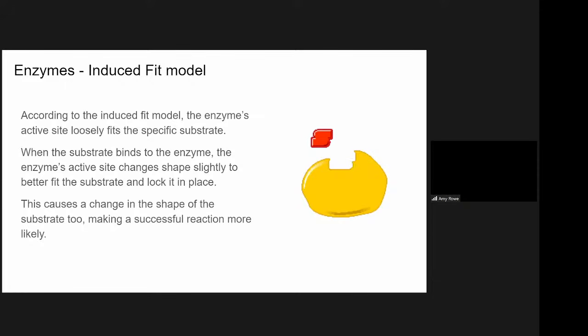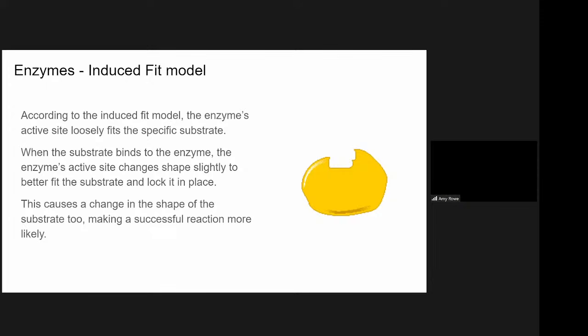Another model of the substrate and active site binding that you will have learned is the induced fit model. So this is quite similar to the lock and key model. However, according to the induced fit model, the enzyme's active site is a loose fit for the specific substrate.